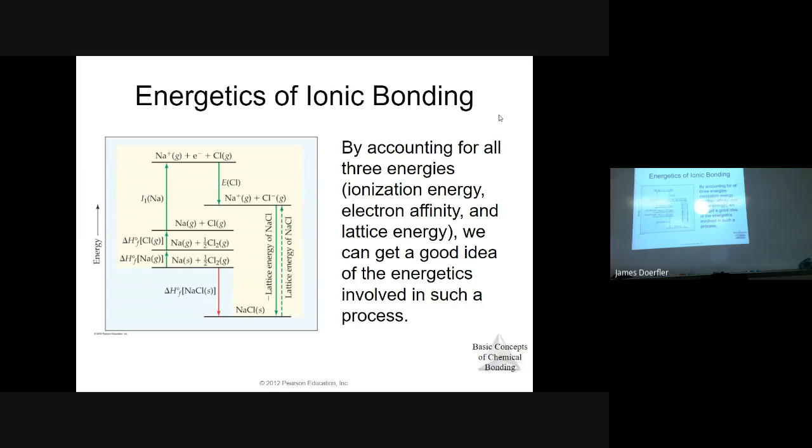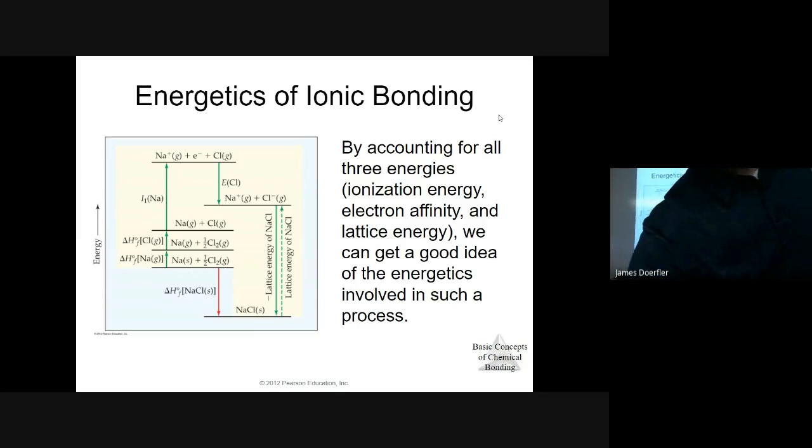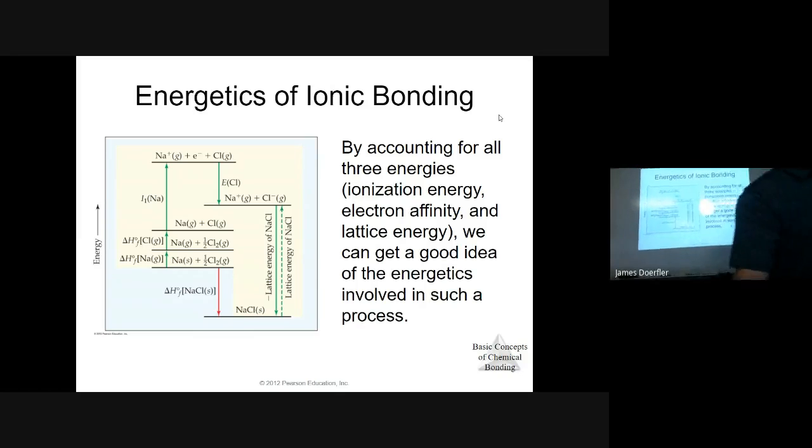We had ionization energy, electron affinity, and now our third piece of the puzzle, as they call it, lattice energy. We can now get a good idea of the energetic processes that are involved in this type of formation. And when you start to understand that process, you can then build off of that to further our knowledge and further our use of these types of reactions for, really, our benefit.